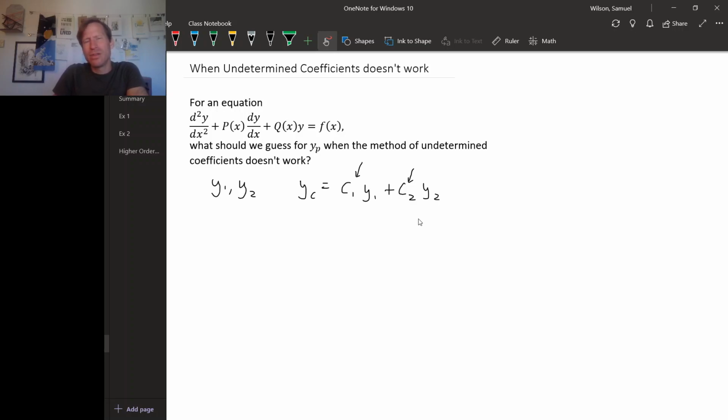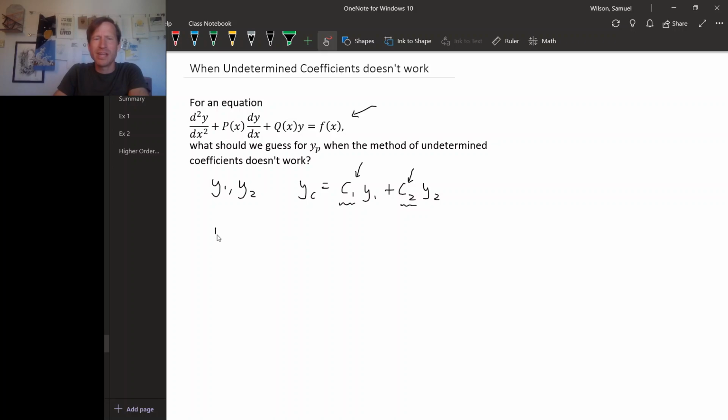But the fact that these turn out to be constants is really what makes this a solution to a homogeneous equation. Since the equation that we're dealing with isn't a homogeneous equation, maybe these aren't constants.